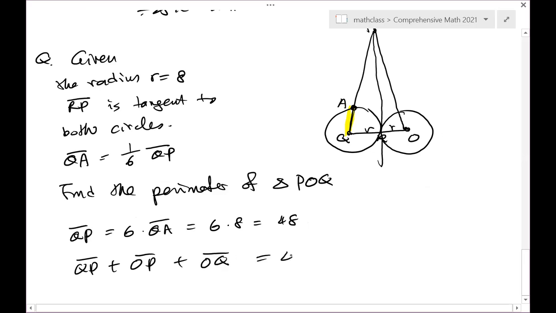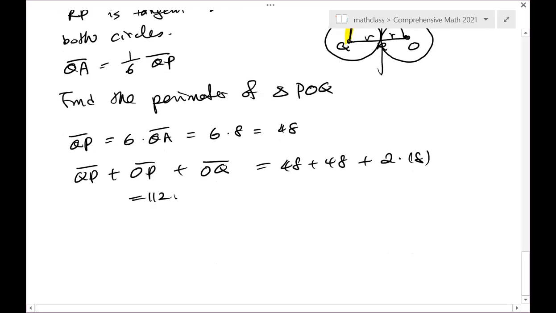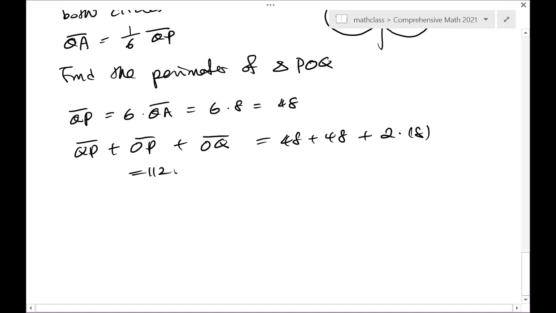It's 48 plus 48 plus twice the radius, 8. So the answer is 112. So there's no need for heavy computation, just basic computation.